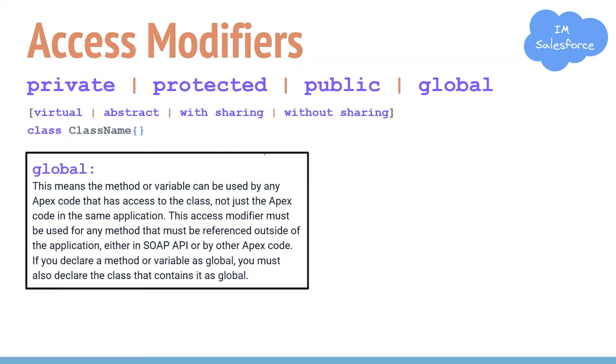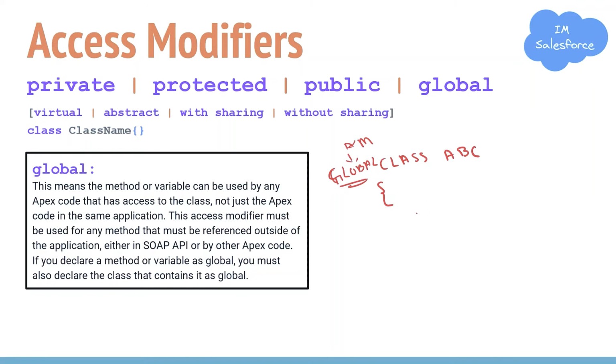For an example, you have class ABC as your class. You have a variable. You cannot declare any variable or any method in this as public or private. For an example, we have global. This is our access modifier.